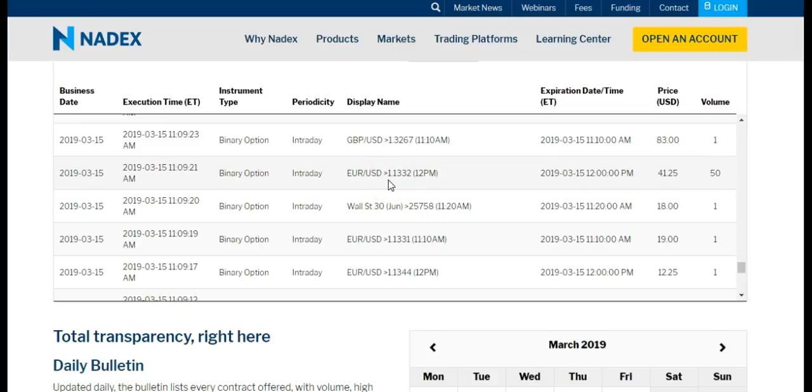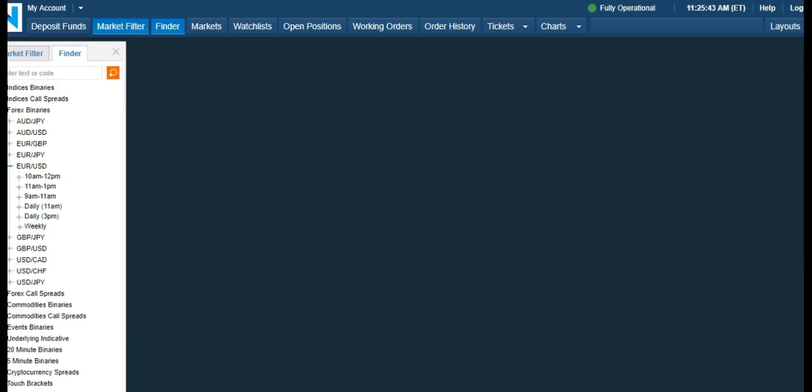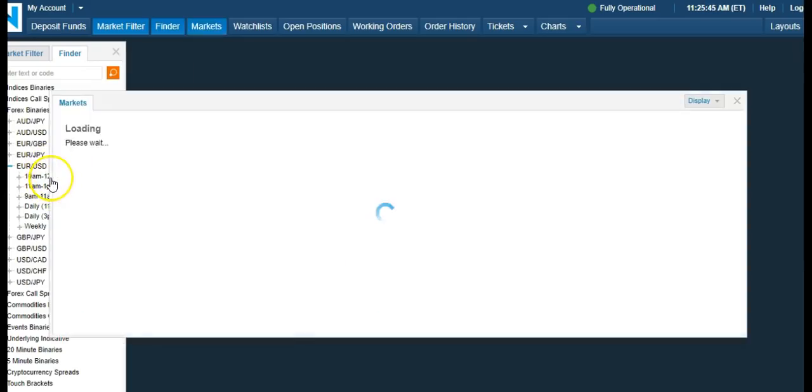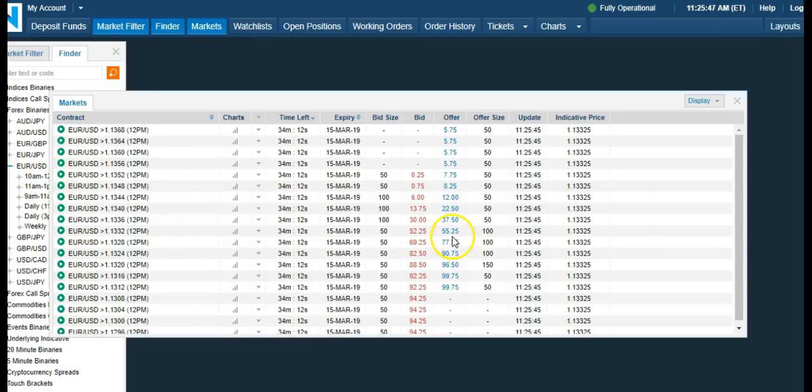It's currently 11:25 a.m. This one closes at 12. The price was $41.25. Now, what we don't know is the direction that they went in. It lists the price, but that's the price that was paid on Nadex. So obviously on a buy trade, it's 55 for this particular example, 52 there.